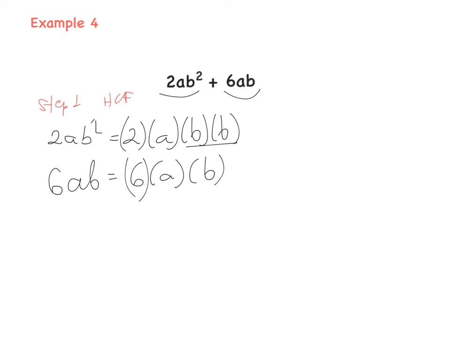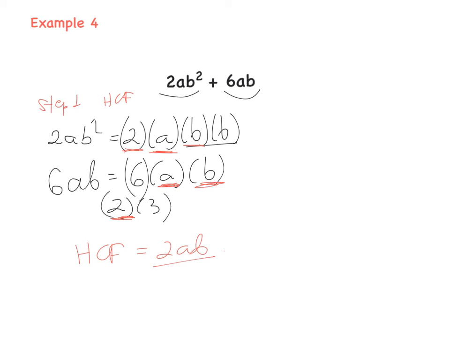Okay, and now, do we have any common factors? So we have a in common, we have b in common, and now 6, we can also write down 6 as 2 multiplied by 3. So this is the next factor. So the highest common factor is 2ab. Okay?